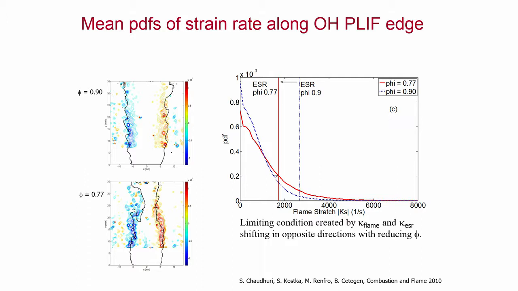At equivalence ratio 0.9 you have this PDF. At equivalence ratio 0.77 your stretch PDF is like this.